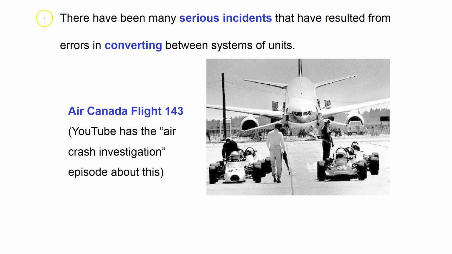Now, there have been a few incidents of unit conversions going horribly wrong, and a good example of this is Air Canada Flight 143. It's a Canadian aircraft, so they have the metric system. This was a relatively new aircraft, and there was a miscommunication between the ground crew and the flight crew.